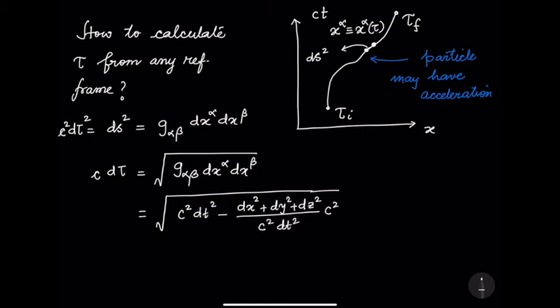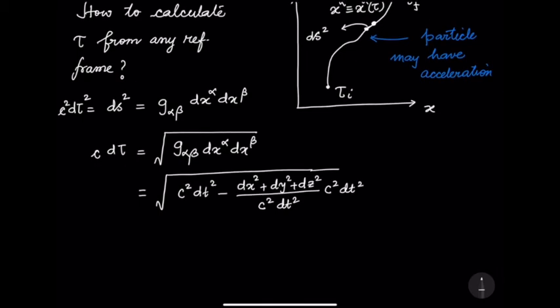Obviously, I cannot do that for free, so I divide by c square dt square here as well, which essentially tells me that c d tau is nothing but c dt, which I can take outside, times the root of 1 minus v square by c square. This v is the magnitude of the 3-velocity, which does depend on time, because as you can see, this particle can have an acceleration. For an accelerated particle, obviously the velocity changes with time.